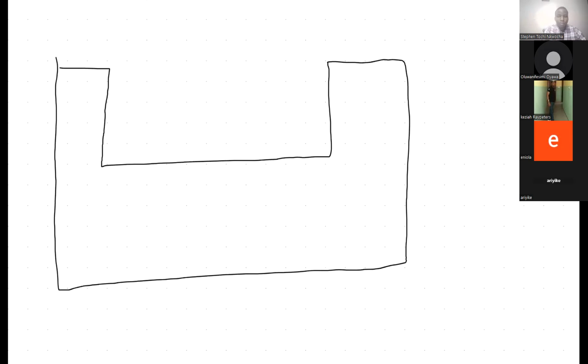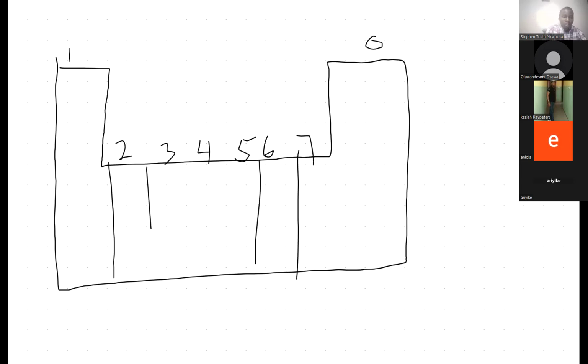You don't have to annotate on my screen. This is what I usually do. I'll come here: 1 and 0. Then 2, 3, 4, 5, 6, 7, so this is 0 or 8. You have to answer all the possible questions in the exam. This is what I did when I was in secondary school, preparing for WAEC.